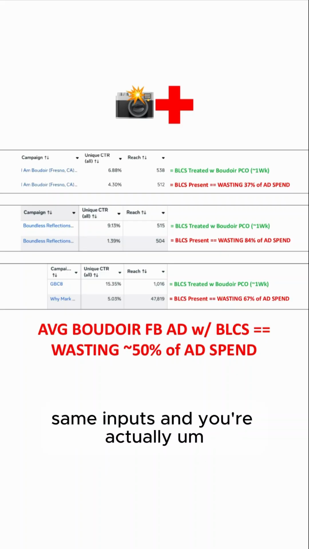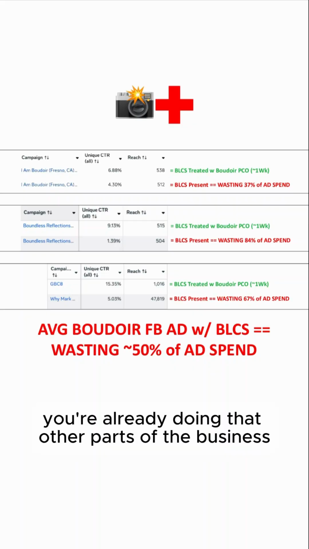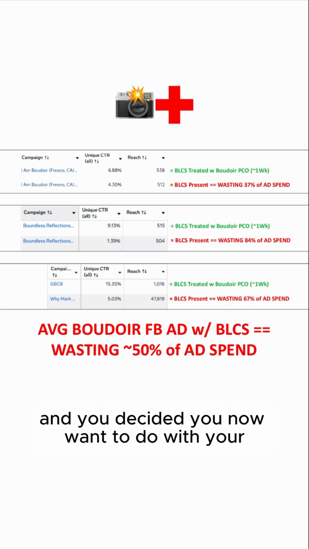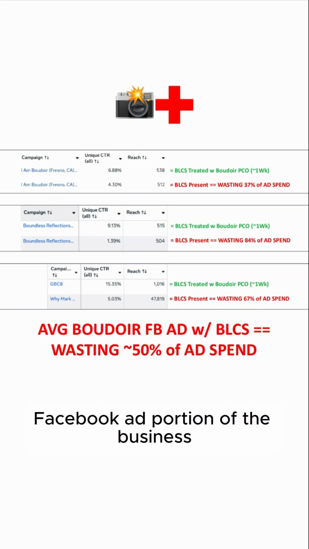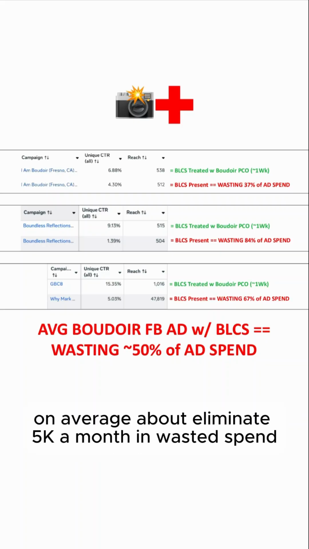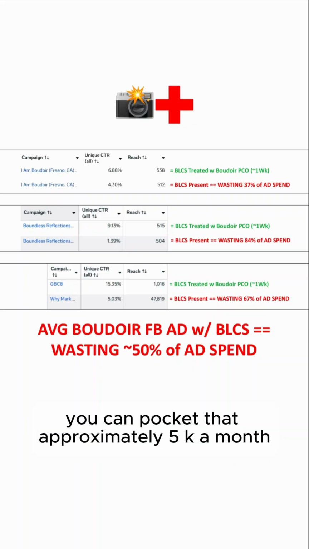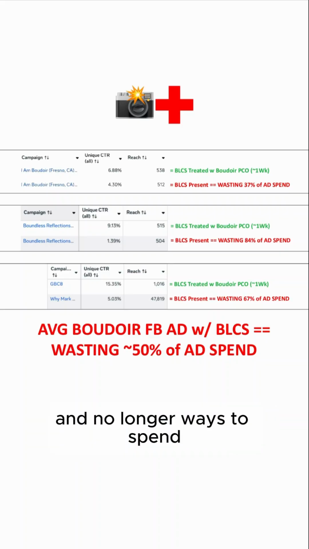And you've already been doing that in other parts of the business, and you decided you now want to do it with your Facebook ad portion of the business, because you've seen that Boudoir Pico can, on average, eliminate 5K a month in wasted spend. And you can pocket that approximately 5K a month that's no longer wasted spend.